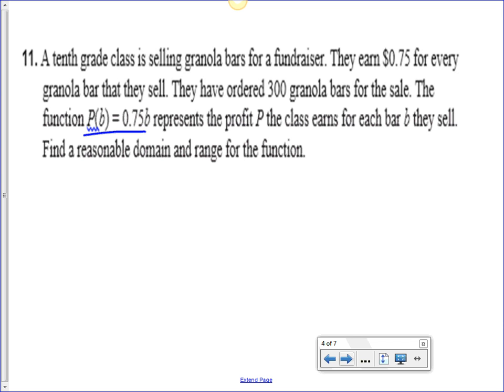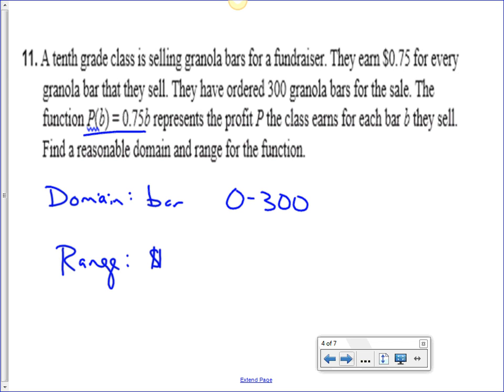So domain would be our inputs, which in this case are our number of bars. Our output, or our range, excuse me, is our outputs, which is our money raised. So a reasonable input would be anything from 0 to 300 bars because that's all they have to sell.